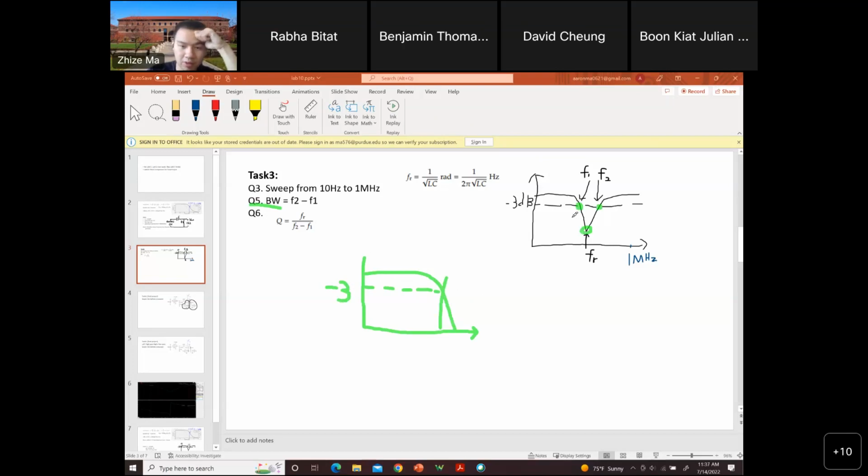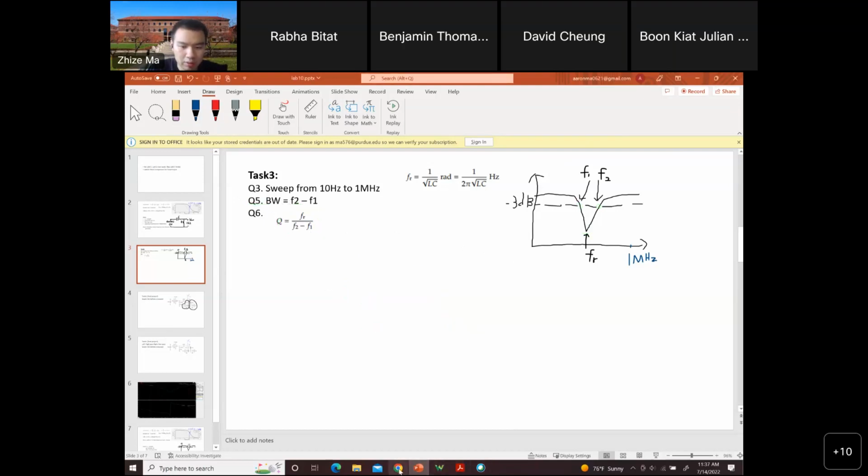The difference of these 2 cutoff frequencies will be the bandwidth. After you get the bandwidth and the resonance frequency, you can use this equation to calculate the Q factor. You can find this in the lab manual.